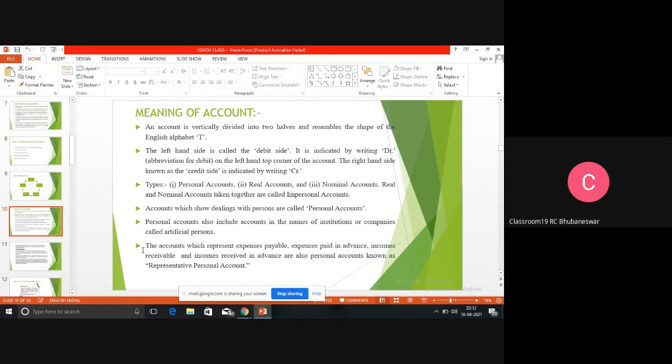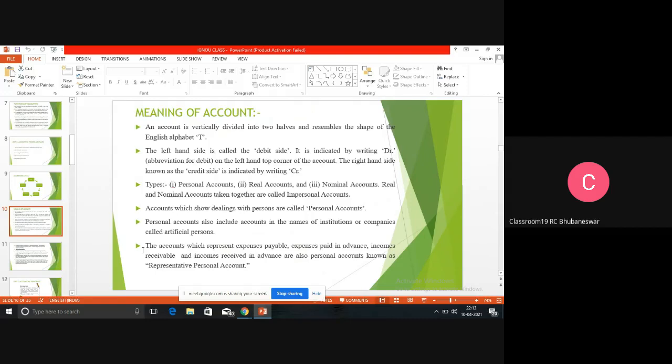In the T form there are two sides: one is the debit side, another is the credit side. The debit side is written as Dr. and the credit side as Cr. We record all debit balances on the debit side and credit balances on the credit side.